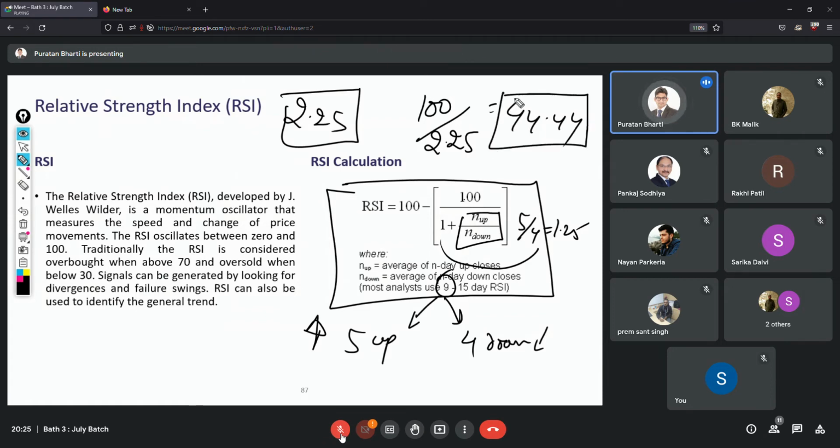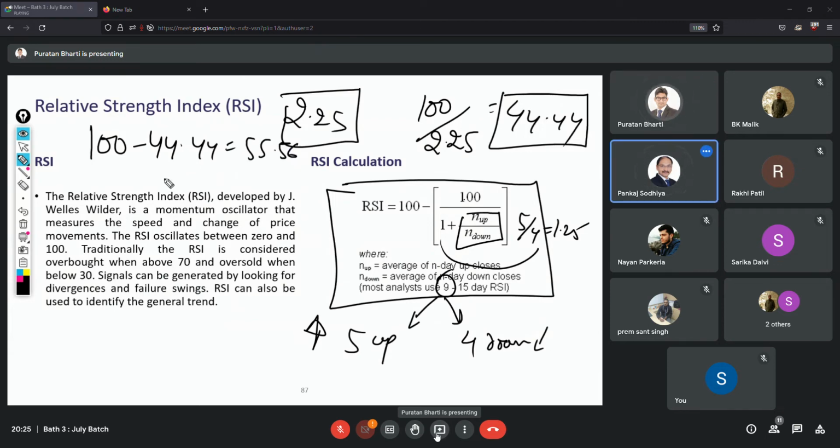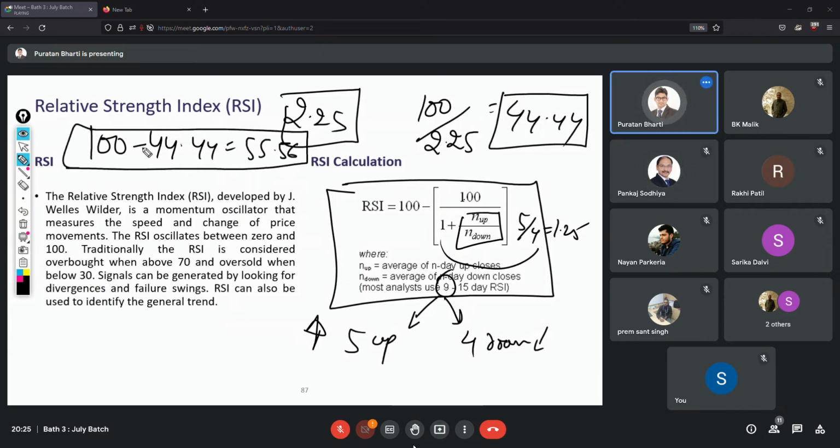Once you get 44.44, all you have to do is 100 minus 44.44. What is the number you get? 55.56. So this is the number you have got. So you have a number which is above 50.